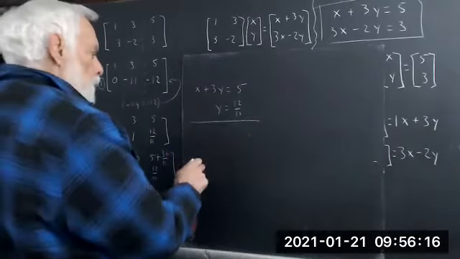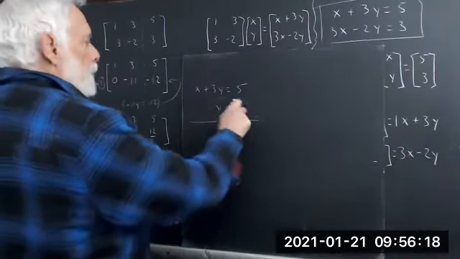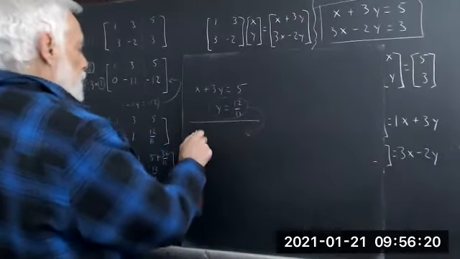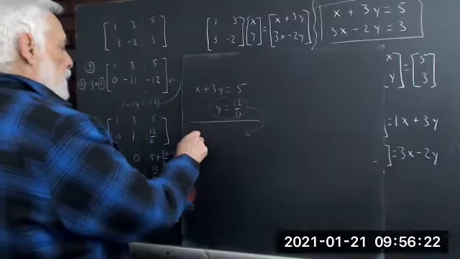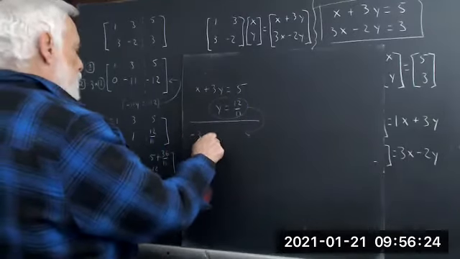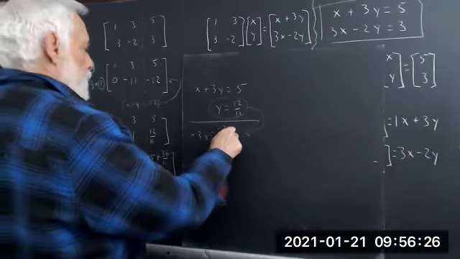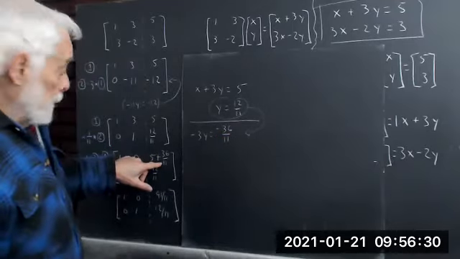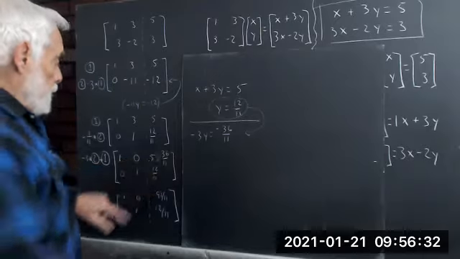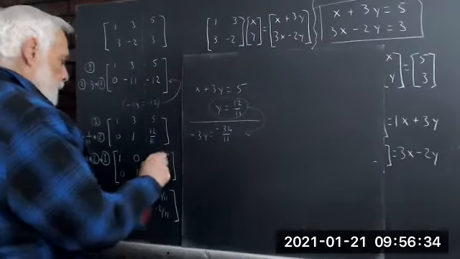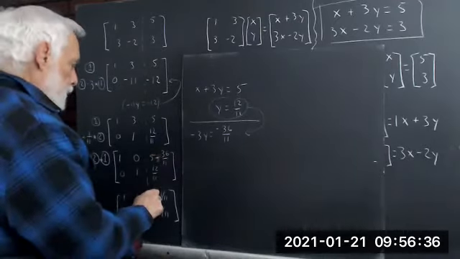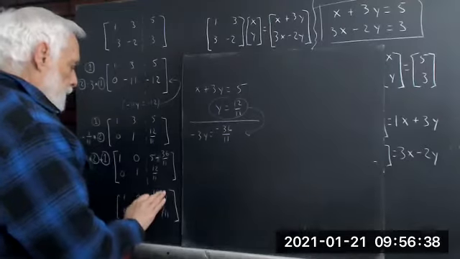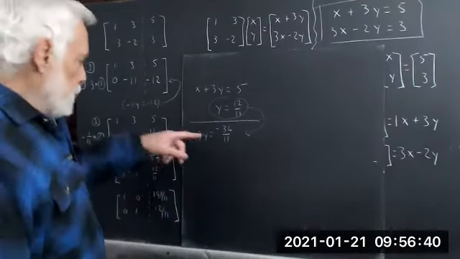Okay, then I can take the second row, and I messed up. This should be minus 36/11, shouldn't it? Which will make this 19, I think. Okay, we'll see.